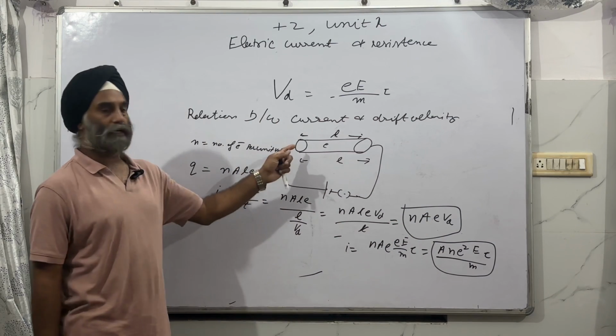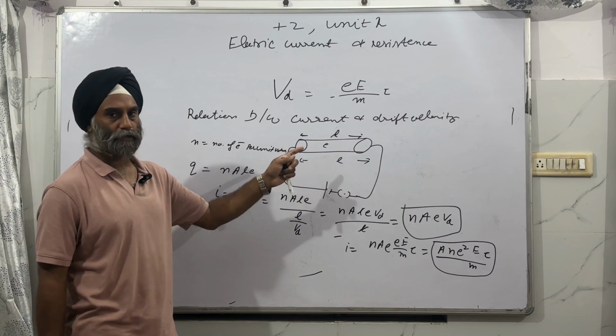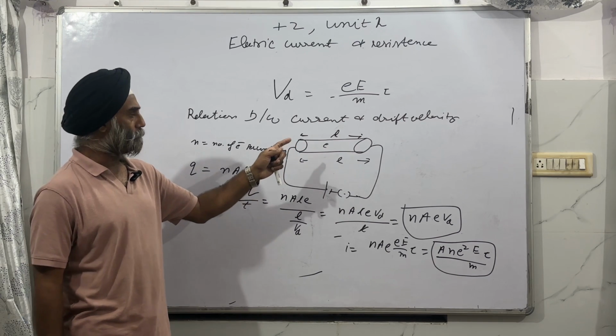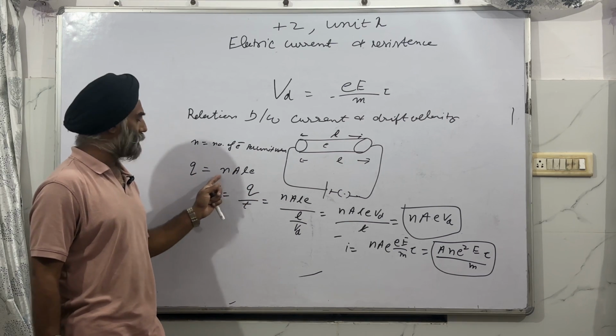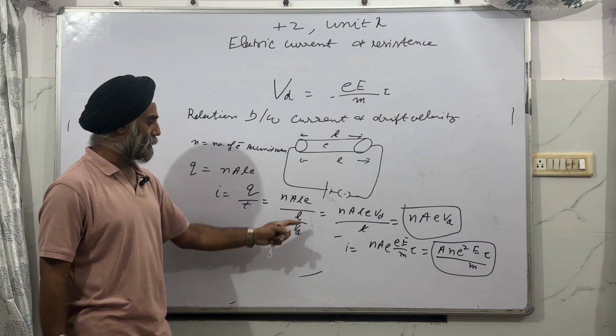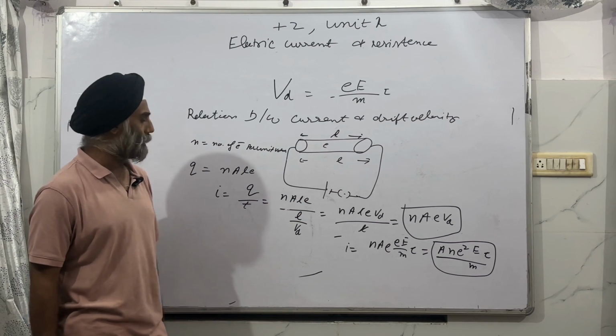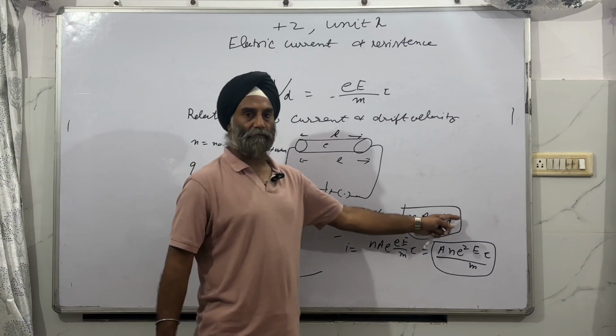Consider a conductor of length L. A is the area of cross section. n is the number of free electrons per unit volume. Then the total charge is nALe. I is equal to Q by t. nALe by t, the value of t we put as L by Vd. When L cancels, I is equal to nAeVd.